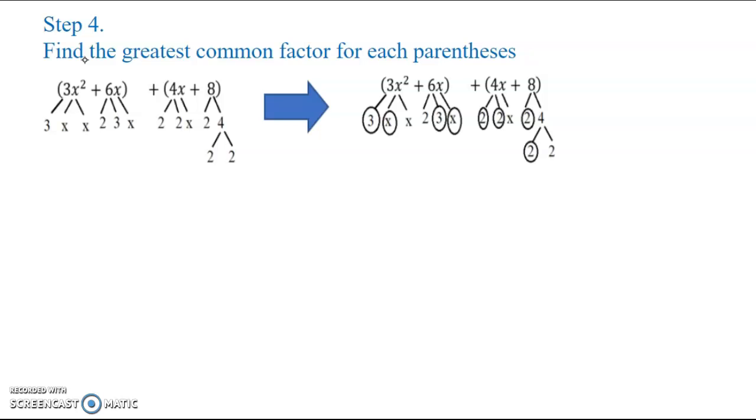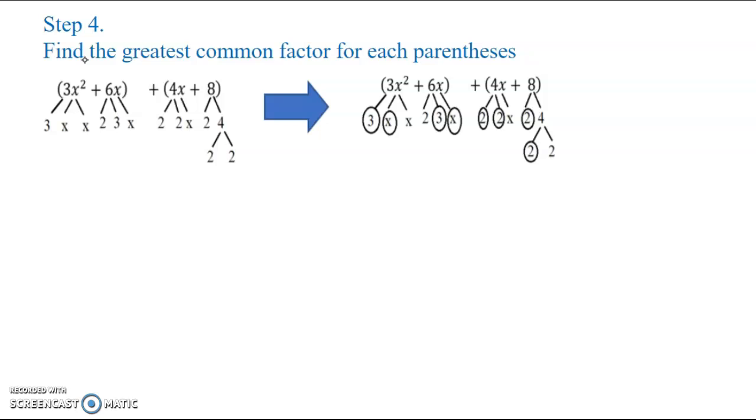Remember, 3x squared just means 3 is being multiplied to x times x, and 6x is 2 times 3 times x. So looking for the GCF of just the first parenthesis, you see that 3 is common and x is common, so I can take out 3x for the first parenthesis.